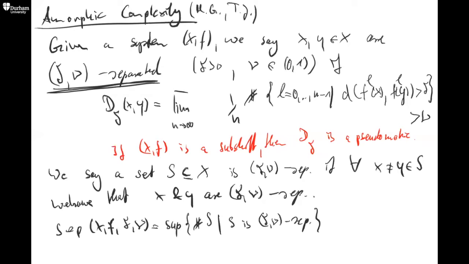And if this number Sep(X, f, delta, nu) is finite for all delta and nu, which in general it isn't, but if it is finite, we say the system (X, f) has finite separation numbers for obvious reasons. So if for all delta and nu, Sep is finite, then (X, f) has finite separation numbers.